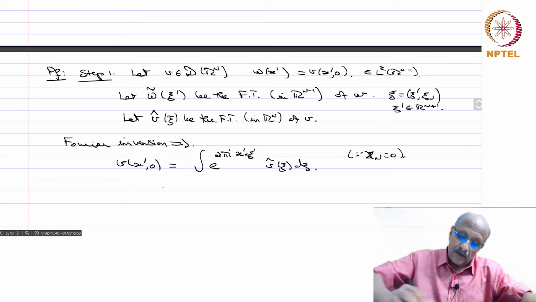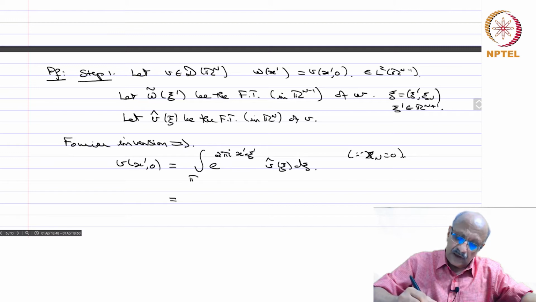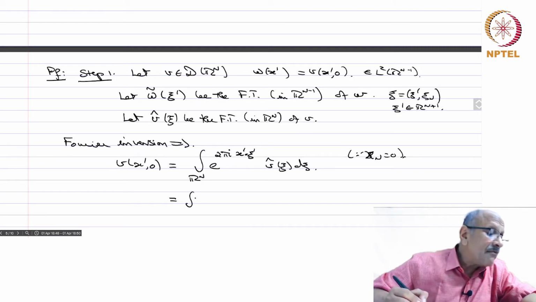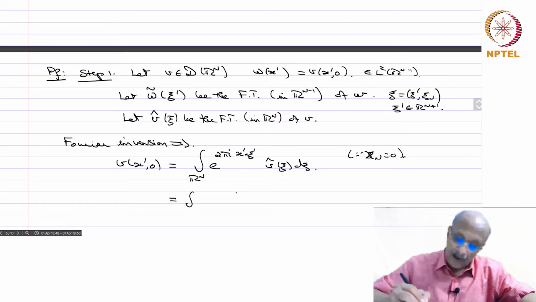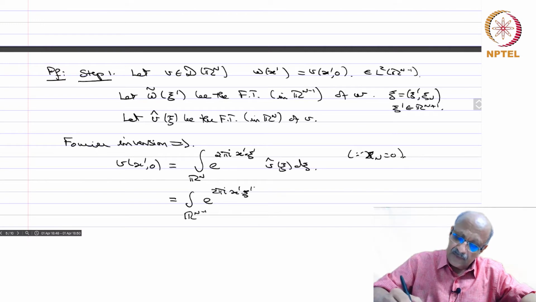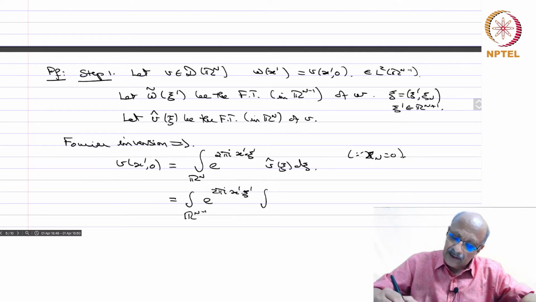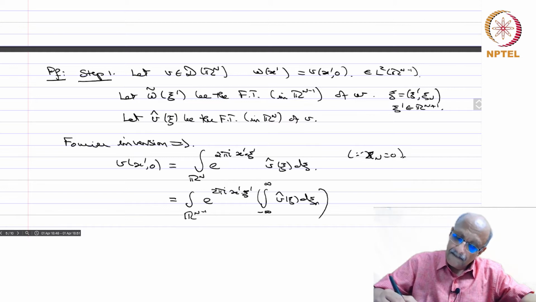d xi. So this is an integral over Rn, and that I will write as the integral over Rn minus 1 of e power 2 pi i x dash xi dash, and then the integral from minus infinity to infinity of V hat xi d xi n, d xi dash.